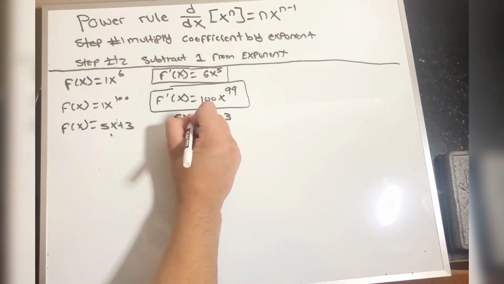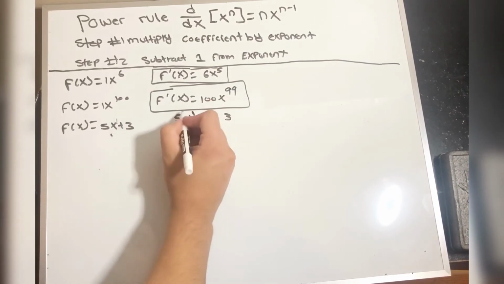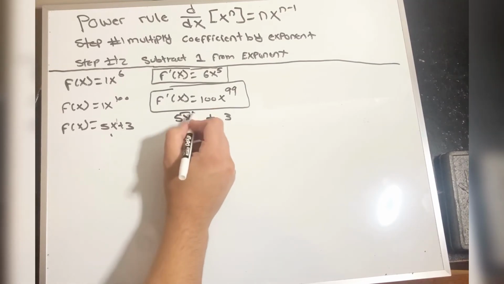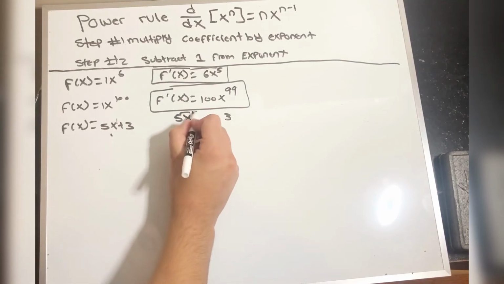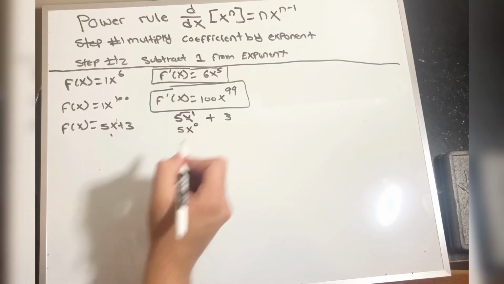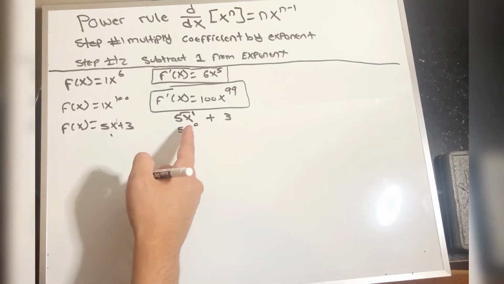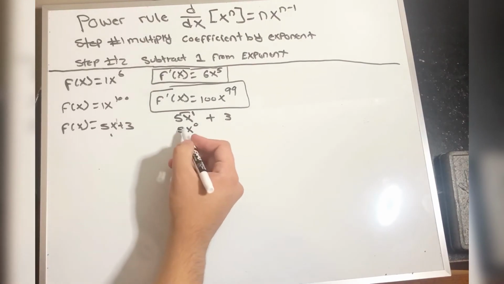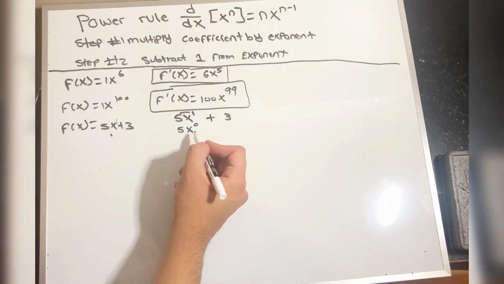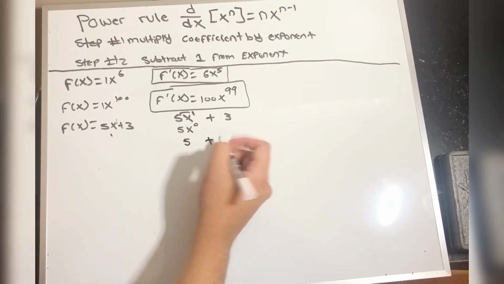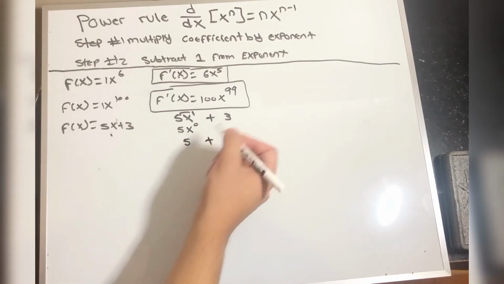We have an exponent right there, so we multiply it, so that becomes 5. We subtract 1 from the exponent, so that will give us 0. And we know that anything to the power of 0 is just 1. So this 5 times 1 is just 5. And then plus, well, here we have 3.